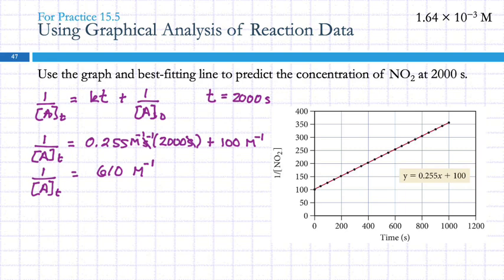You can use a solver on the 36X Pro for this whole thing. So much less thinking. To get this into the numerator, I'm going to raise both sides to the power of -1. Basically, I'm upside downing it, right? So A at time t is equal to 1 over 610.